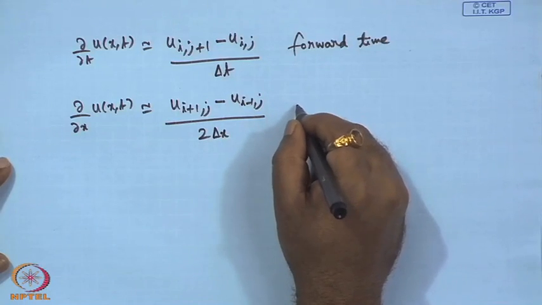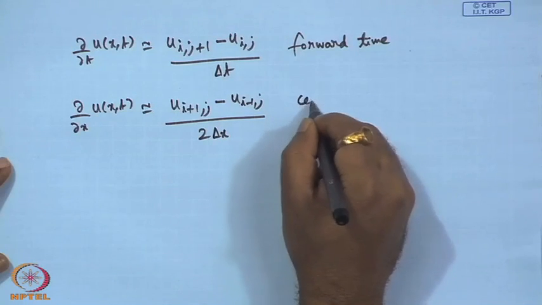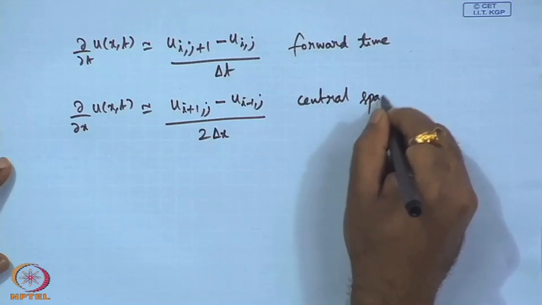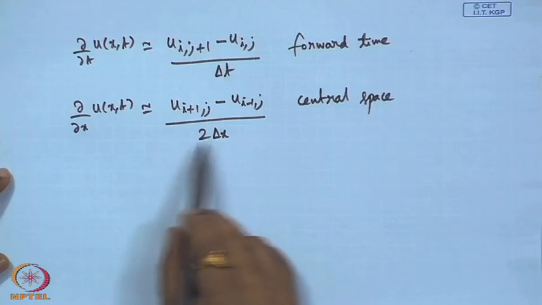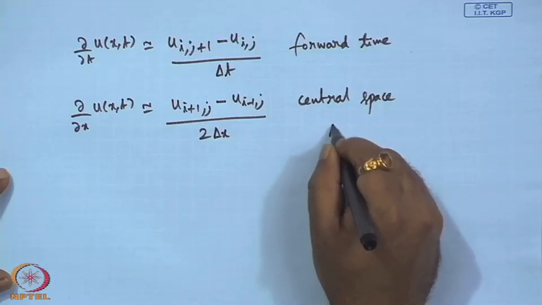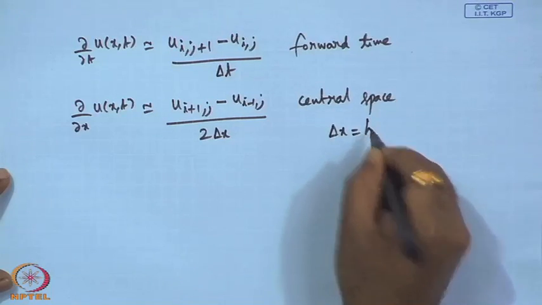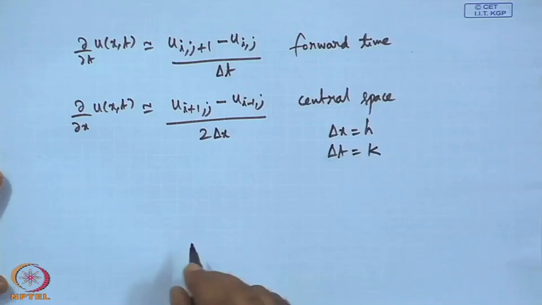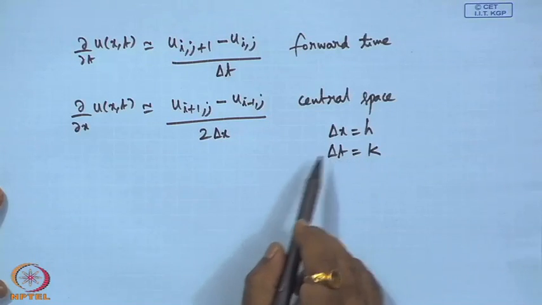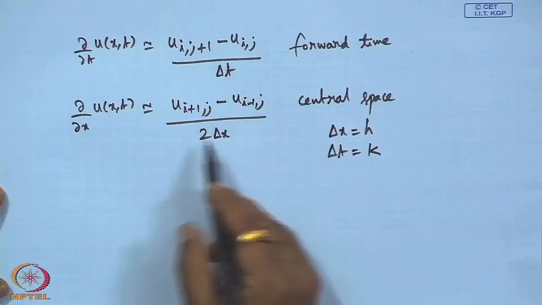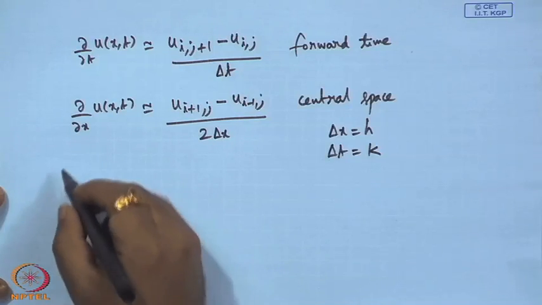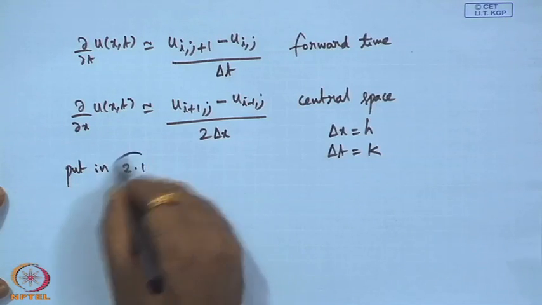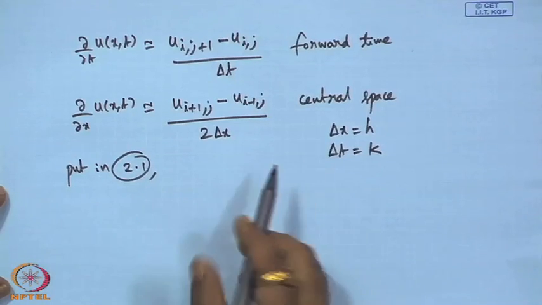So, this is central space. Okay. So, I have used h earlier as delta x and k as delta t. Okay. So, now if you substitute this in, so we get, okay.